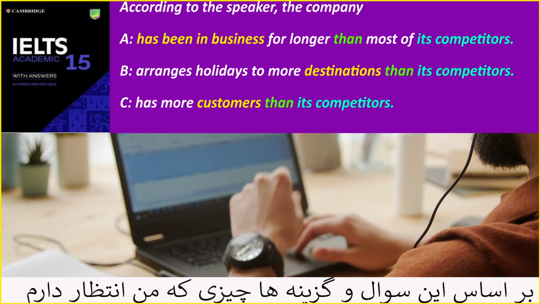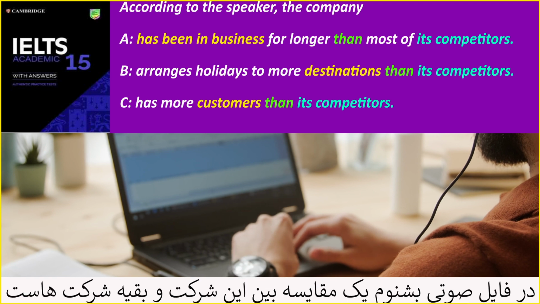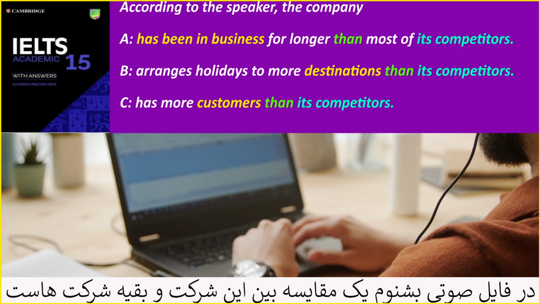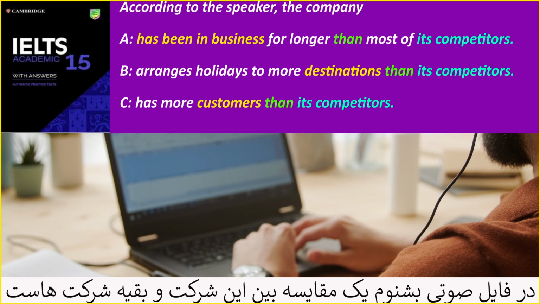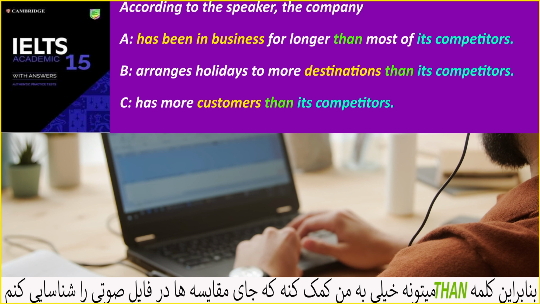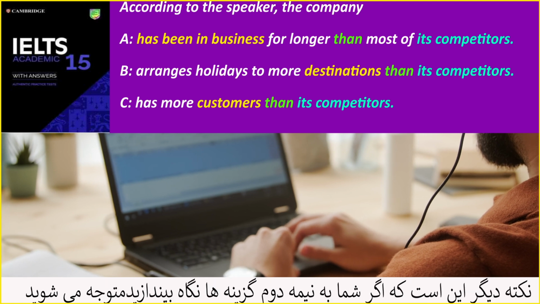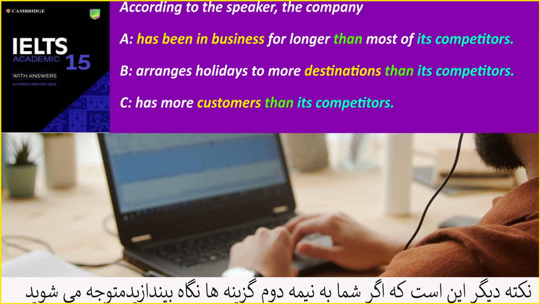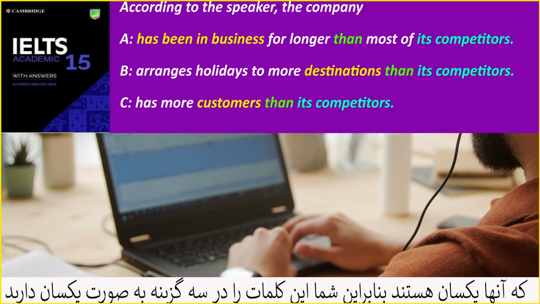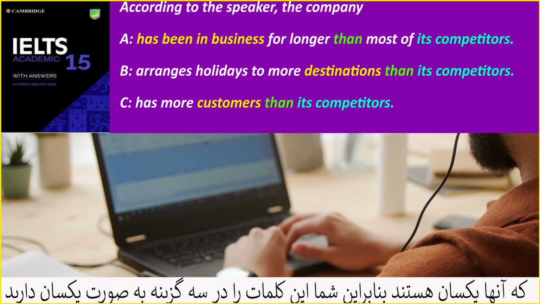Based on this question and the options, what I expect to hear in the recording is a comparison between this company and other companies. So the word then could help me a lot to locate the comparisons in the recording. Another point is, if you look at the second half of the options, you can see that they are similar. So you have then most of its competitors, then its competitors, and then its competitors.